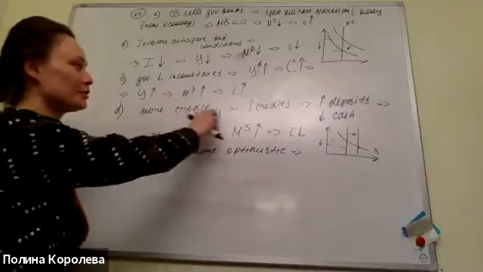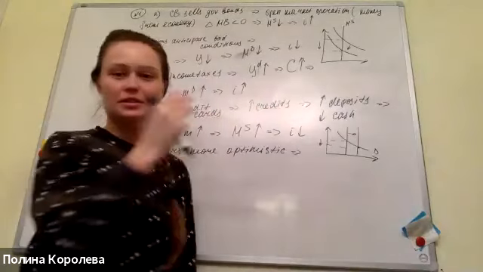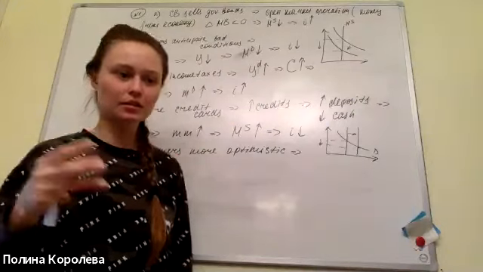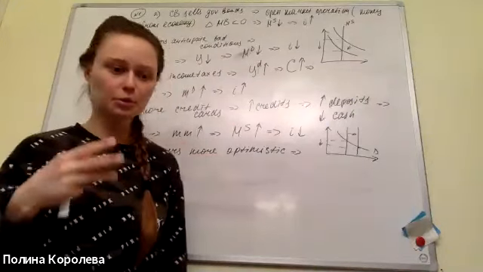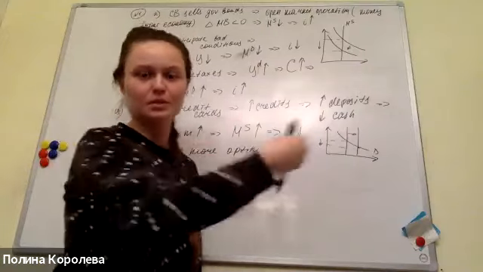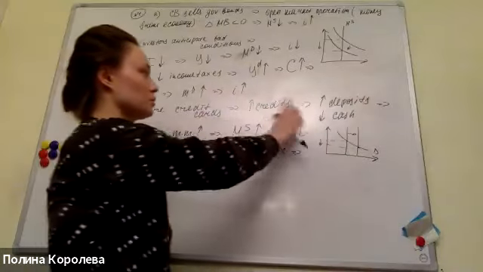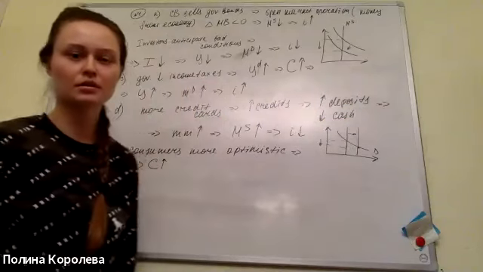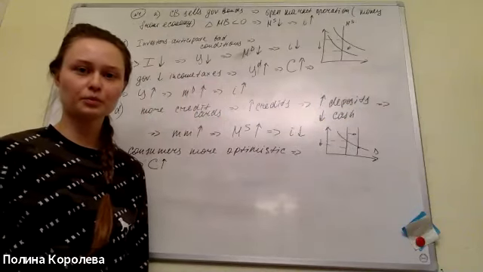Okay. Because if somebody takes credit, they will buy something, and then the seller will put the earned money into the bank on deposits. So this money is in the banking system, and that's why we think in these terms that credits and deposits are the same amount. Agree?